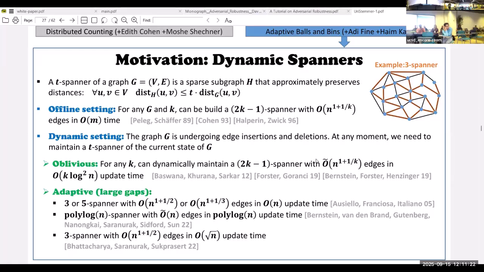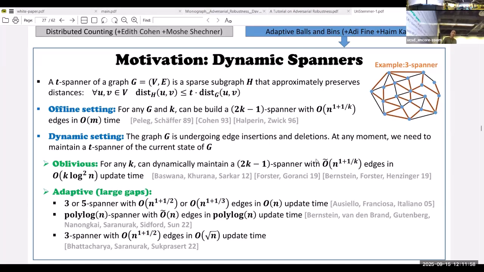First, if you're willing to go all the way up to polylog n stretch, so your spanner is not very good in preserving distances, it preserves them up to this polylog n factor, then you could dynamically maintain a spanner with roughly the correct number of edges and spend only polylog n time per edge insertion or deletion. In other words, if you're willing to have that large of a stretch, problem solved.